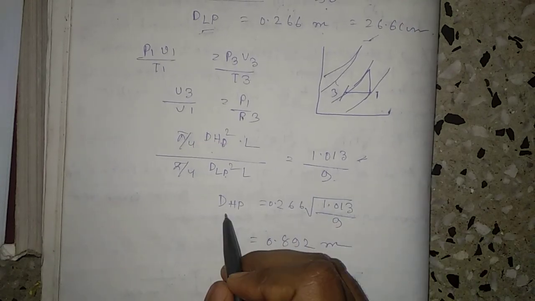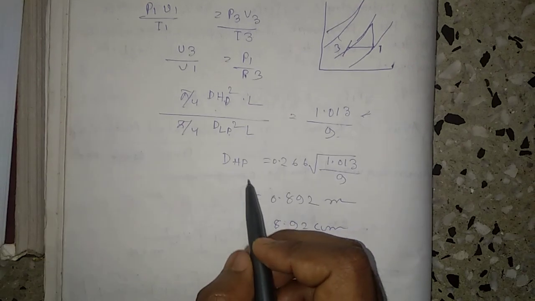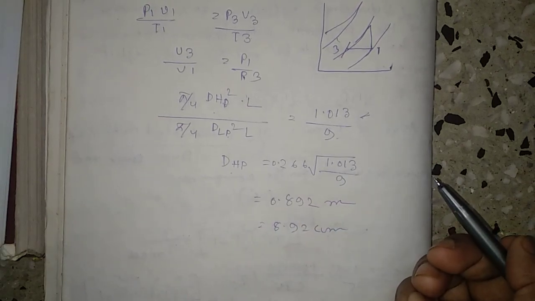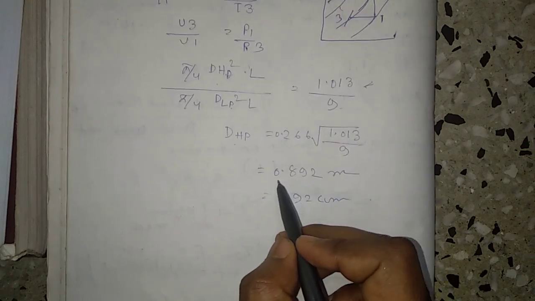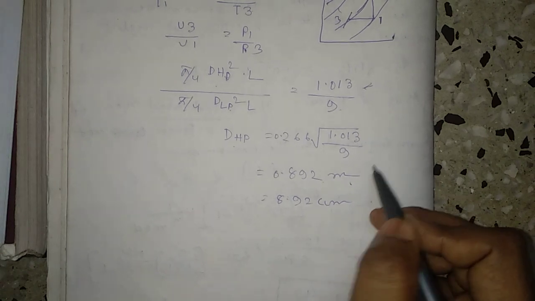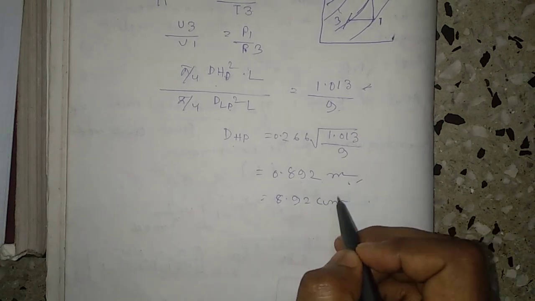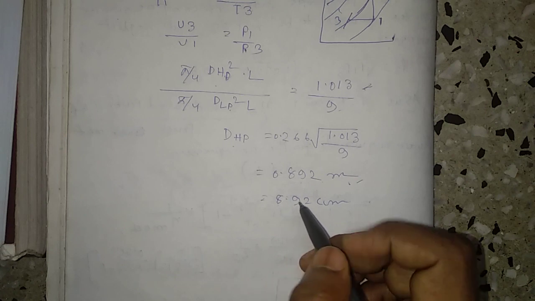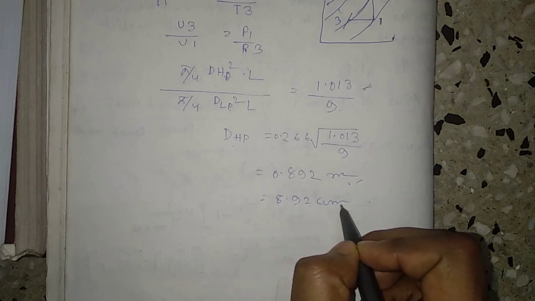So from that expression you can calculate the diameter or bore of the high pressure cylinder. The final answer after calculating will be 0.892 meter. If you convert into centimeter, the final answer will be 8.92 centimeter. Okay.